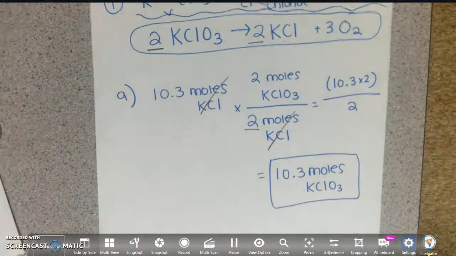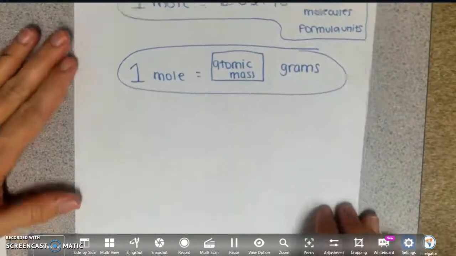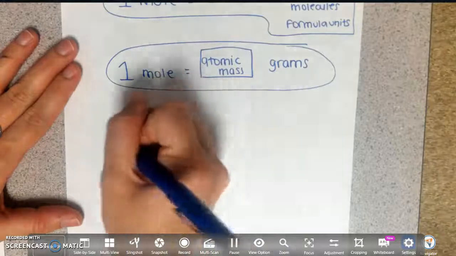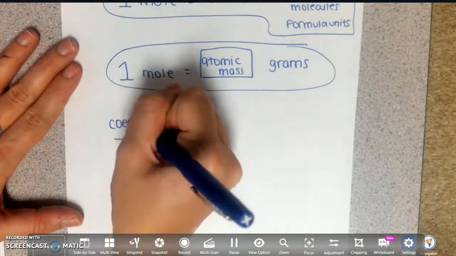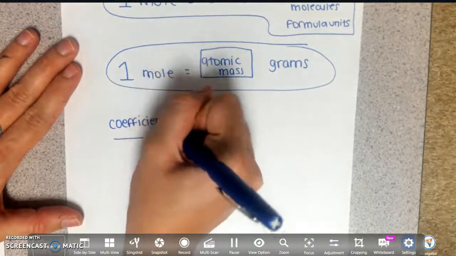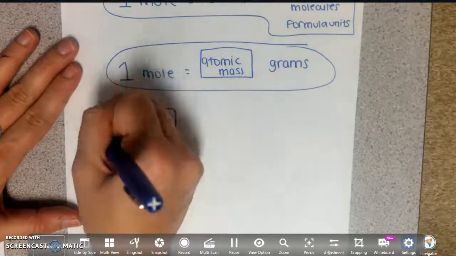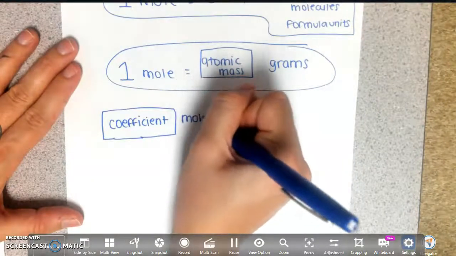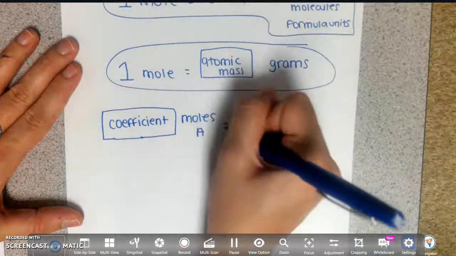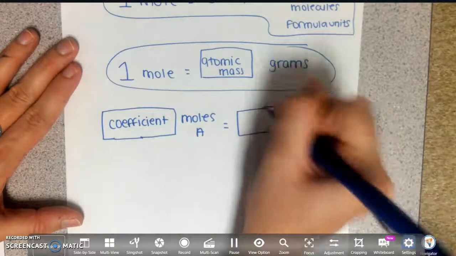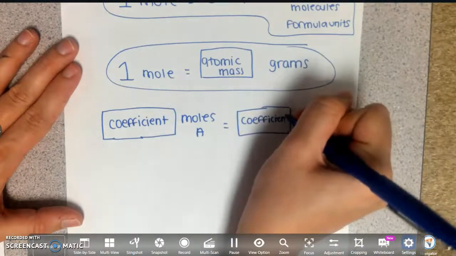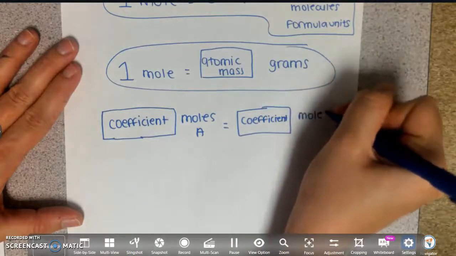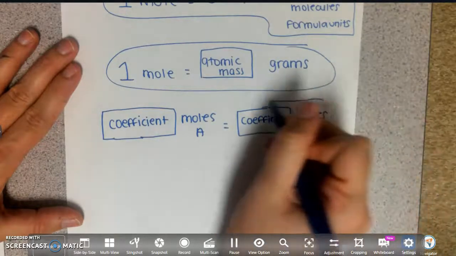So I'm going to go back to that conversion list, and we're going to add this to it. This is the last mole conversion we have. And so I'm going to write, so my coefficient, which is the number in front of the substance, for moles of A can equal whatever the coefficient is for moles of B. Now A is going to be one substance, B is something else.